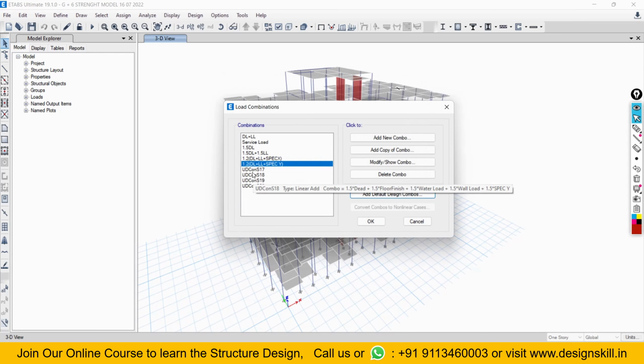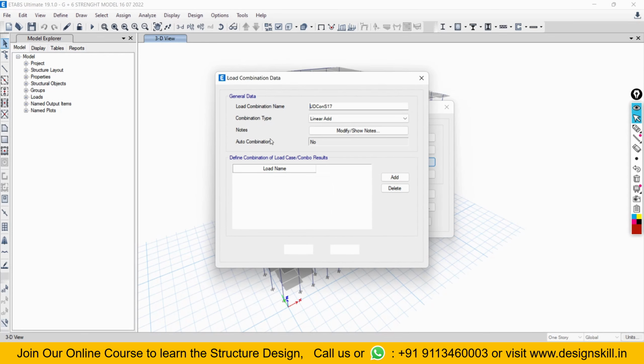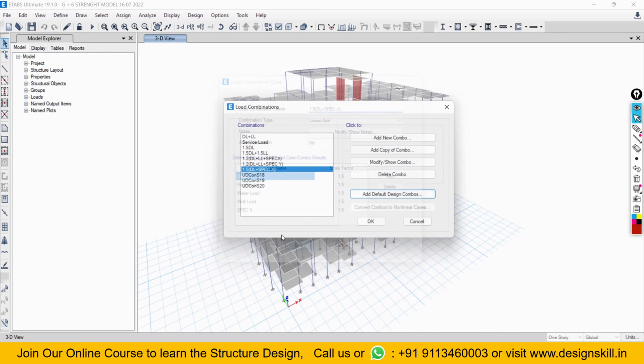Then again I will select UDCON S17 and modify this. Again I will write the load combination of 1.5: give 1.5, give the bracket sign, add dead load plus a spec x, close the bracket, and give it OK.